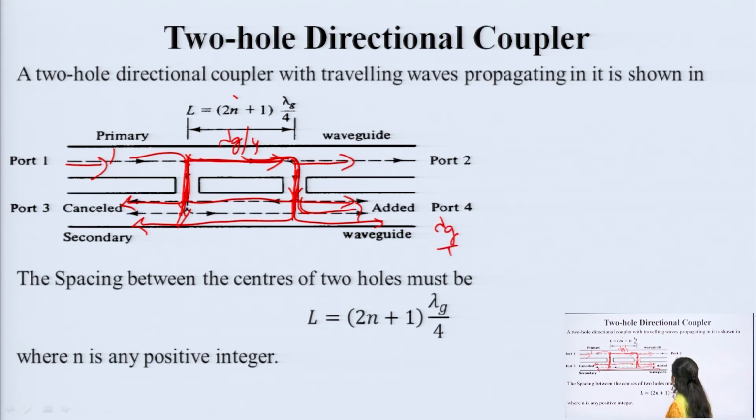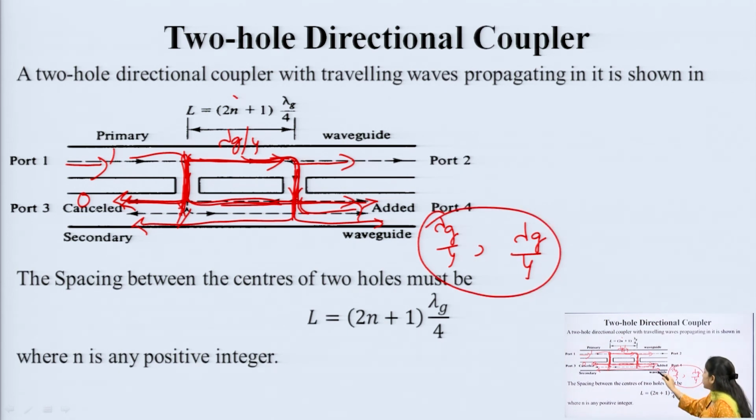The second one again has to cover lambda g by 4. So, they are in the same phase, and that is why it will be additive here.